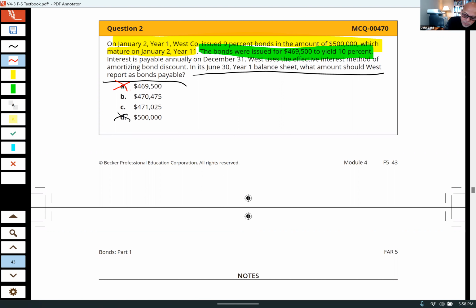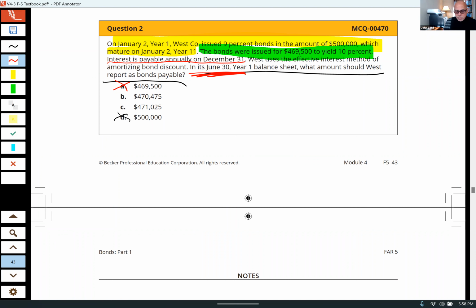Now, even though they tell me that the interest is payable December 31st at the end of the year, they're asking me what would be the carrying amount of the bond 6 months later. So we would be able to do this exactly how we calculated in the book to get the carrying value, the amortization of a bond for 6 months, and see how that amortization is going to affect the carrying value.